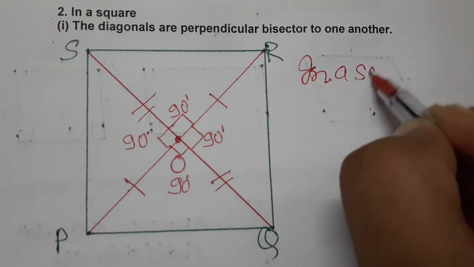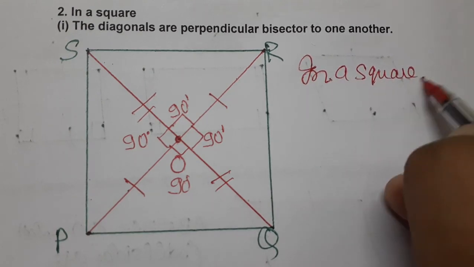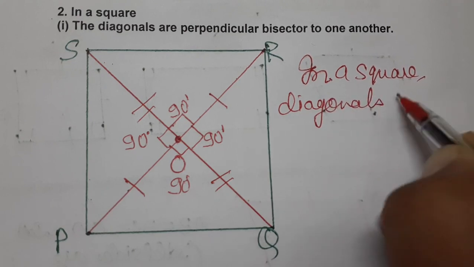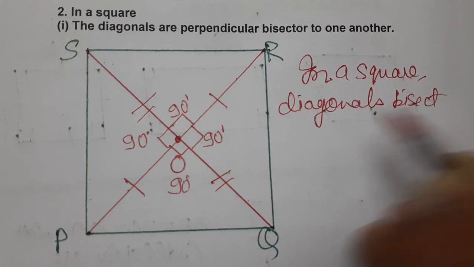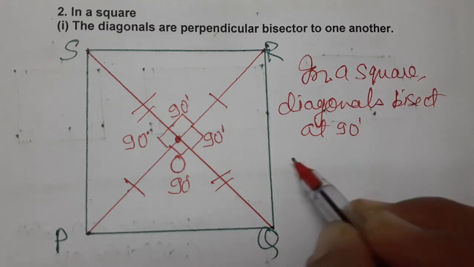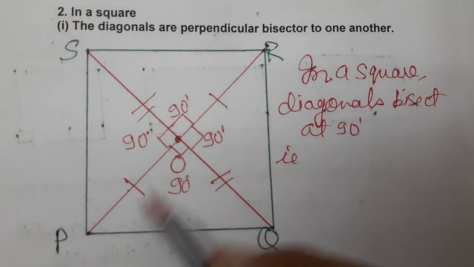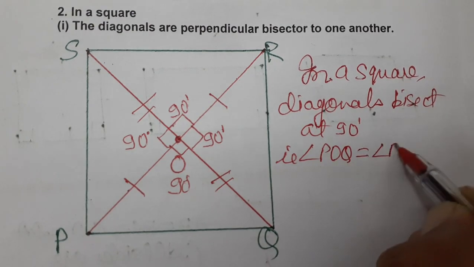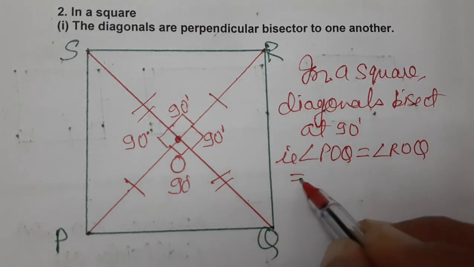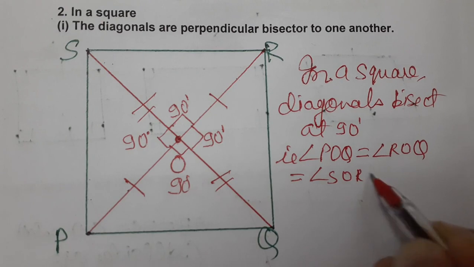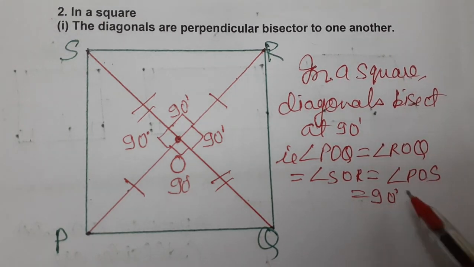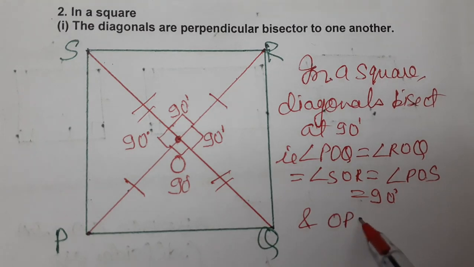In a square, diagonals bisect at 90 degrees. That means all angles POQ equals ROQ equals SOR equals POS, all equal to 90 degrees, and diagonals bisect each other also.